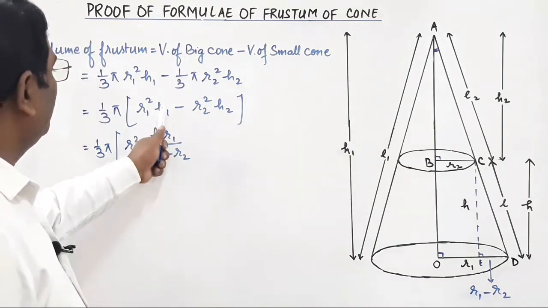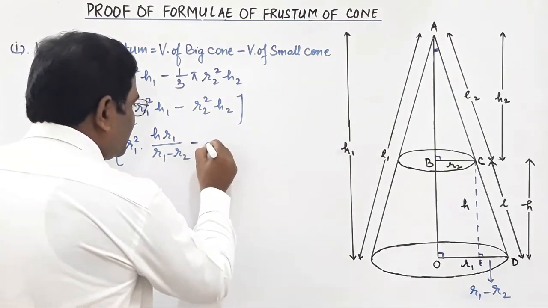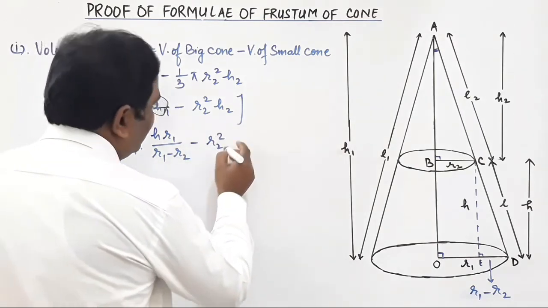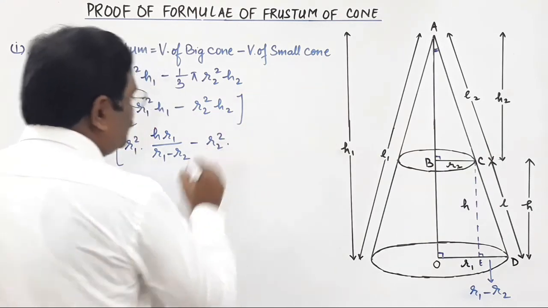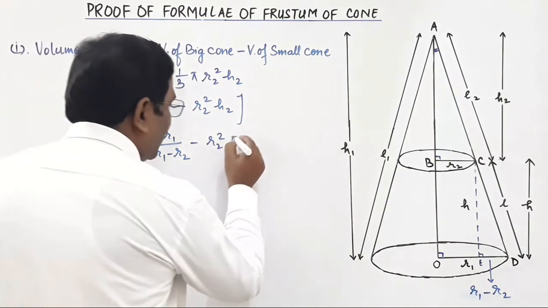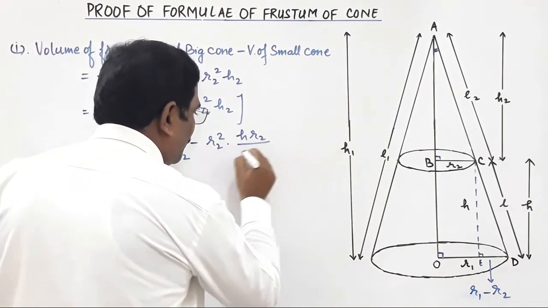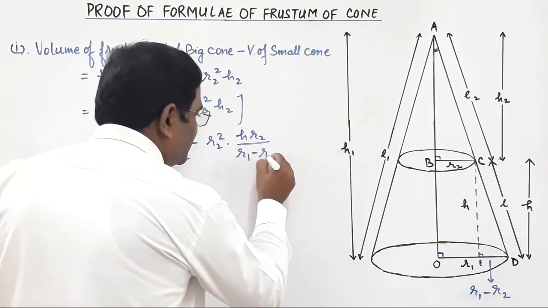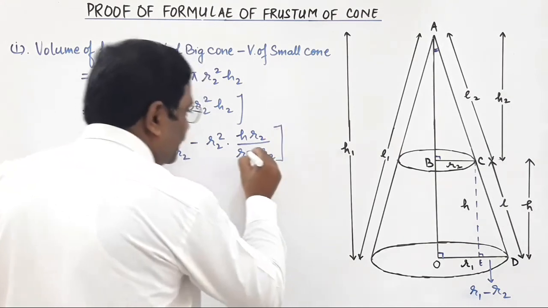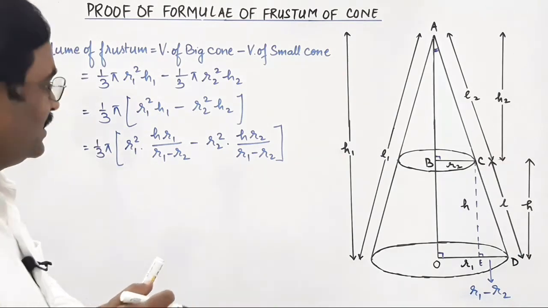This was the value of H1. Similarly, minus R2 square into H2, and what was the value of H2? H2 was H R2 upon R1 minus R2. Right? So let us solve these equations.